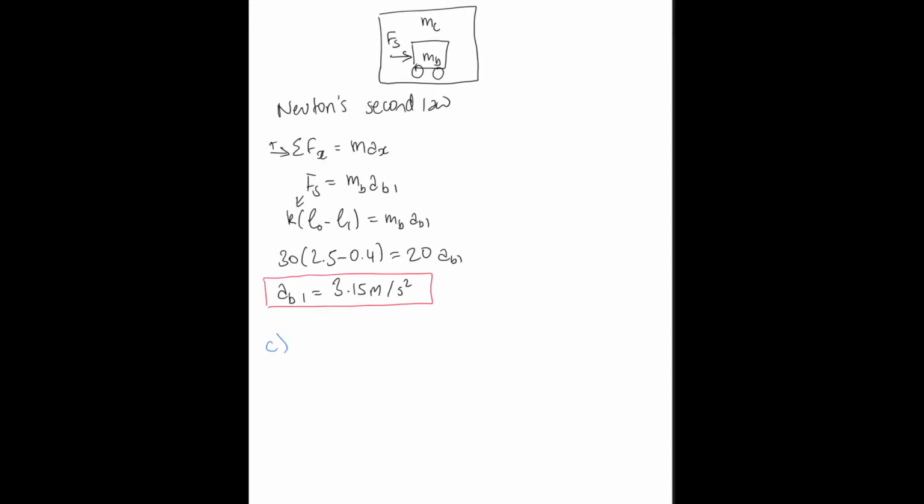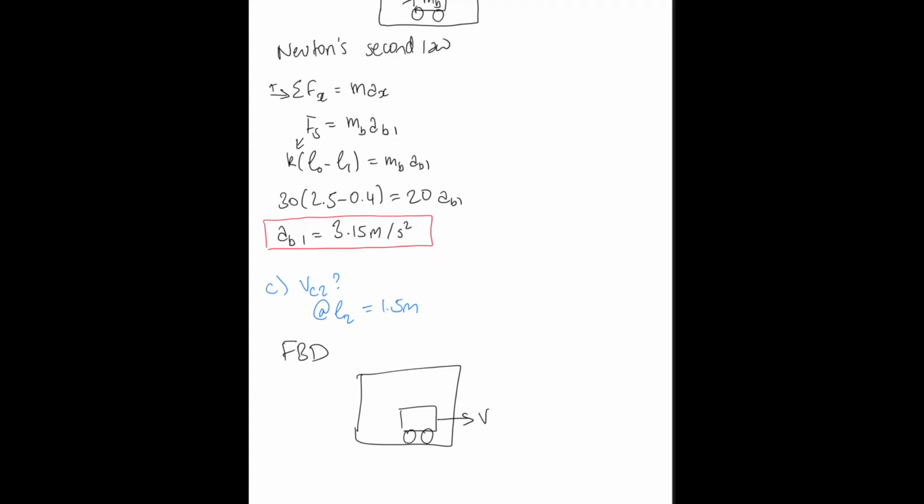Now for part C, we want to find the velocity, the speed of the crate at L2 is 1.5 meters. So let's draw a free body diagram for that. At this point, we've got the box inside of the crate, and the spring has been released, so it's moving the box this way.